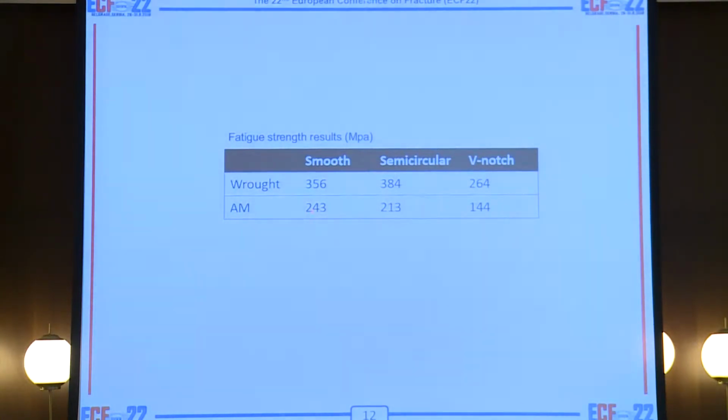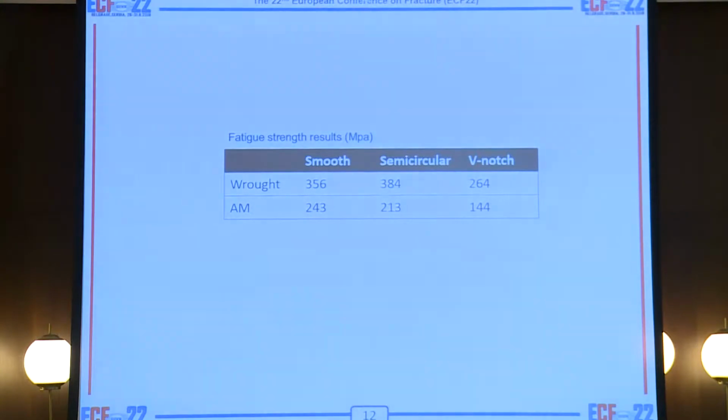As you can see, the fatigue strength for the smooth sample and also for the notch specimen that were made by 3D printing were lower than the samples which were casted. It can be due to a lot of reasons. First of all, the surface condition. The additive manufacture samples were not machined afterward.